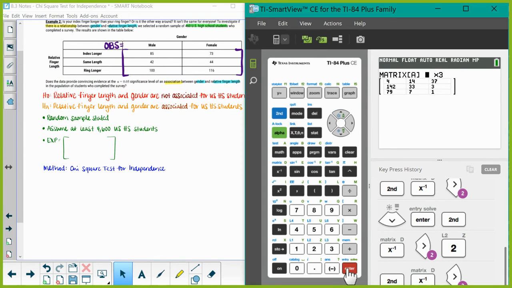So I would change my dimensions to be 3 by 2, and it should automatically adjust in your calculator. And then you would go in and change all of the values to match the table.